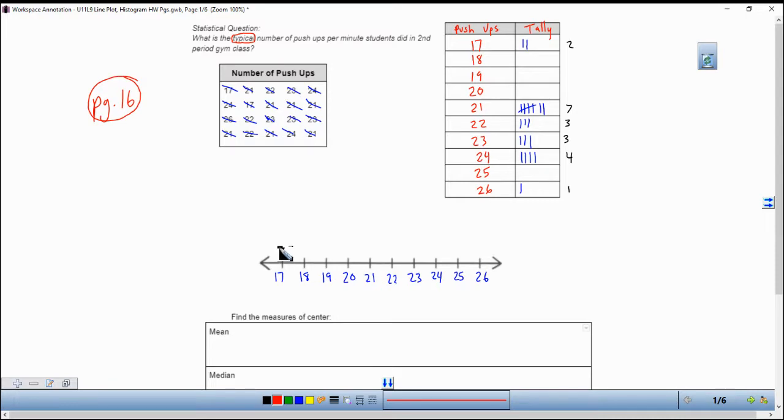Then for each number, we're going to put the number of data points. So at 17, there were 2 X's, nothing at 18, nothing at 19, nothing at 20, but then we had a bunch at 21.